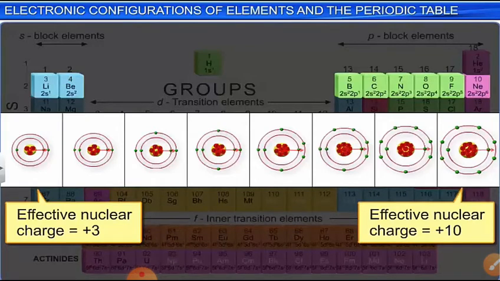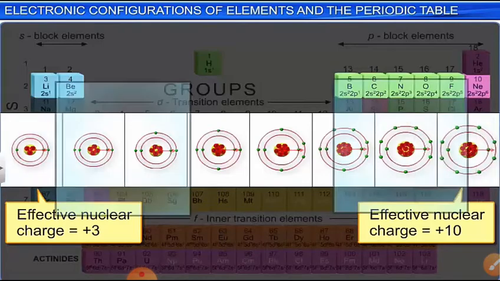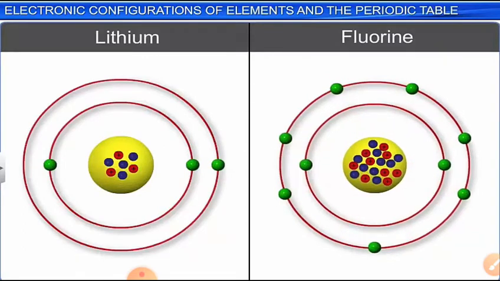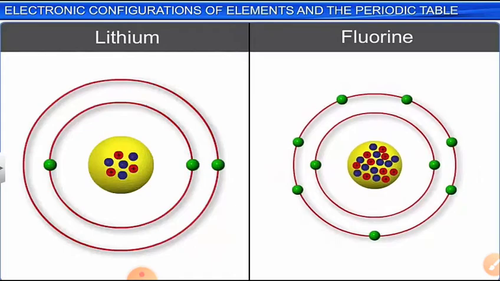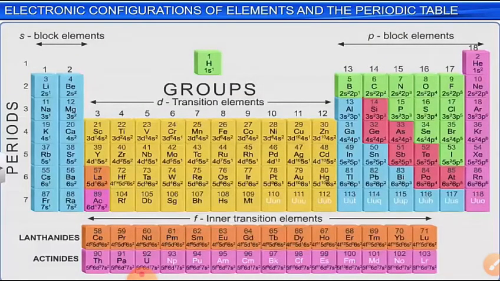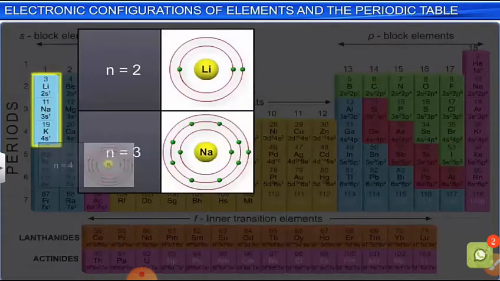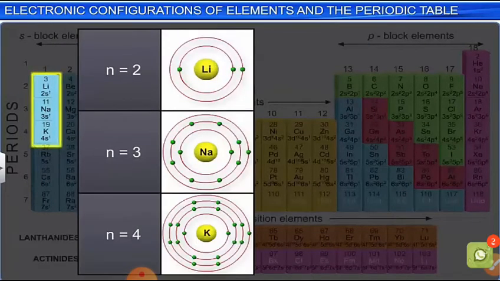So the effective nuclear charge will be more in the case of a fluorine atom. You have 9 protons and 9 electrons. The shell is the same, and the distance from the nucleus to the second shell is the same. But because of the more protons, the nuclear force of attraction experienced by the electrons in fluorine is more. As a result, the size of fluorine decreases. So from left to right, size decreases.